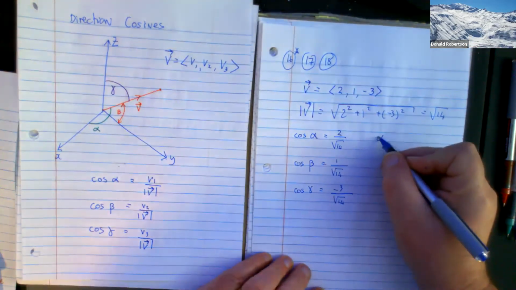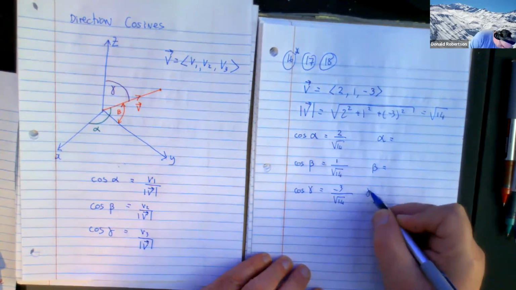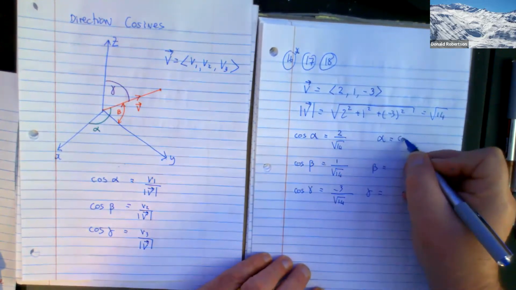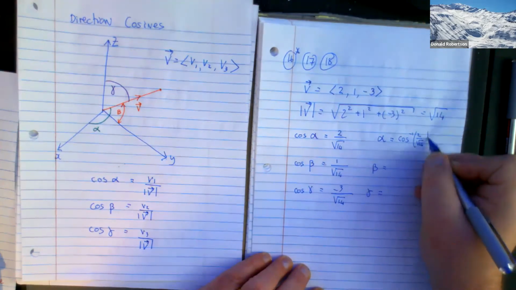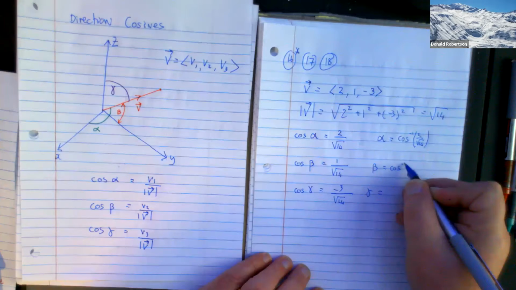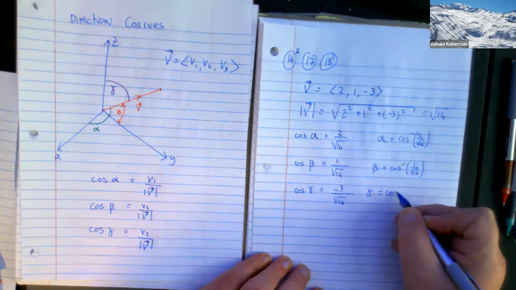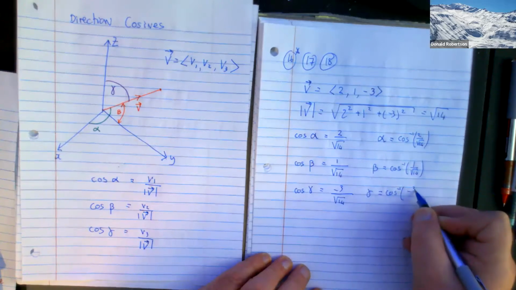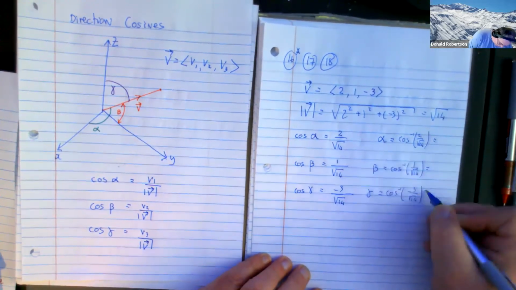So if you want to find these angles, you just take the inverse cosine of each fraction. And let's do it to the nearest whole number.